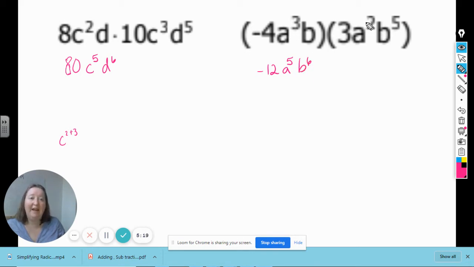I'm adding the exponents when I'm multiplying these two monomials. It's a monomial and a monomial. I multiply the coefficients and I add the exponents of the like terms. I'm going to write that down. So I multiply the coefficients.